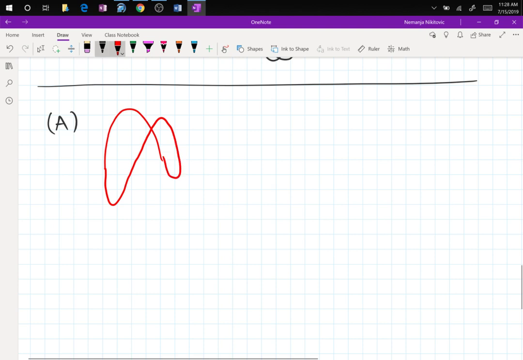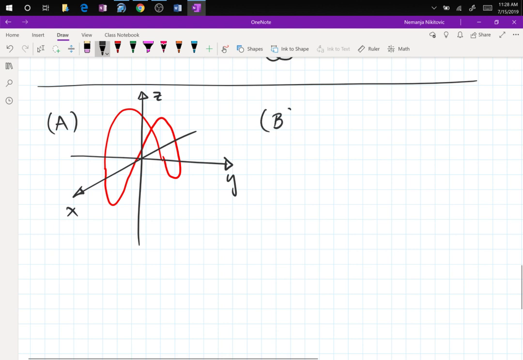Okay, that's the shape. Z-axis cuts through here. X and Y axis cut through there. So that's that shape.